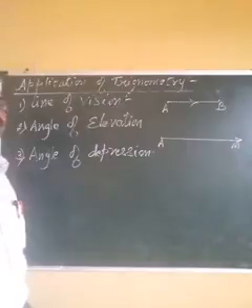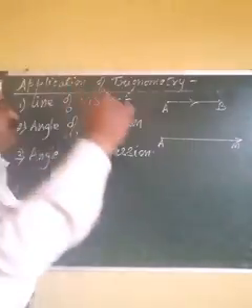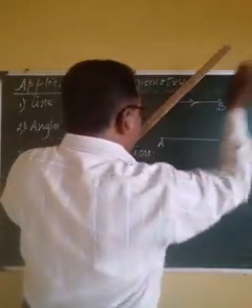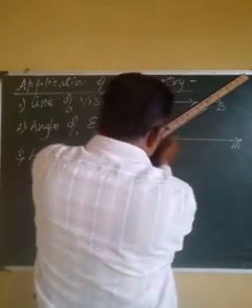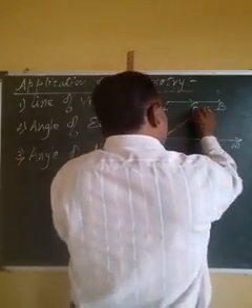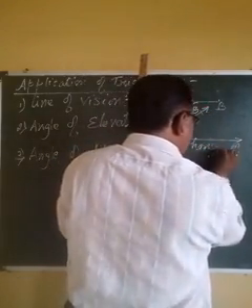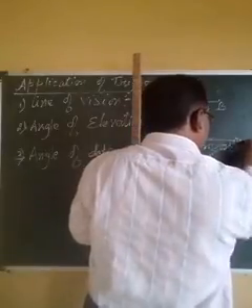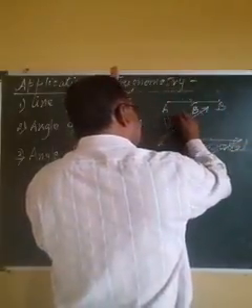Supposing he is observing the top of a tower, or the top of a tree, or a star or planets, then that line is called the line of vision. So let us consider AB as the line of vision. This is your horizontal line, and this is your line of vision.